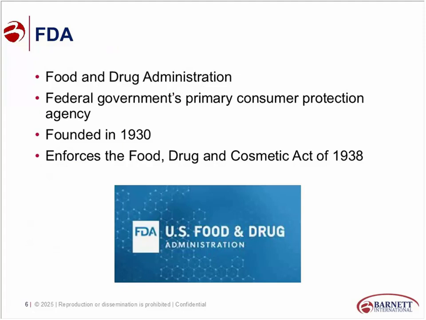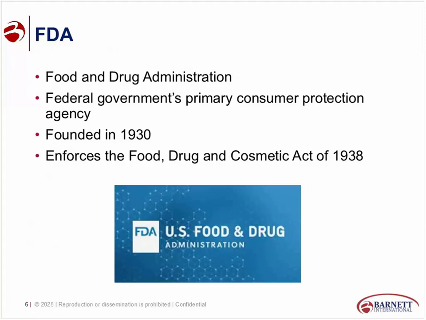So the FDA is the federal government's primary consumer protection agency. If you read the news or get your little news briefs on your phone, you may see lots of information about FDA and recalls.